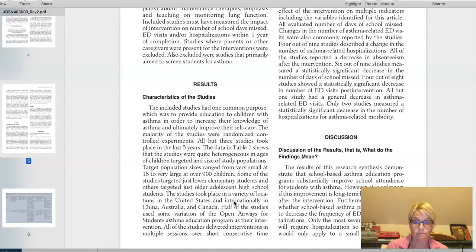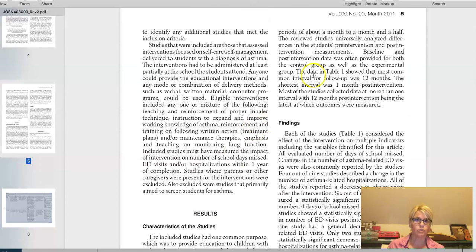Half of them used some variation of this one certain type of intervention. And then all of them delivered interventions in multiple sessions over short time periods of a month to a month and a half. She talked about when the data was collected, similarities, and the shortest interval was 1 month.